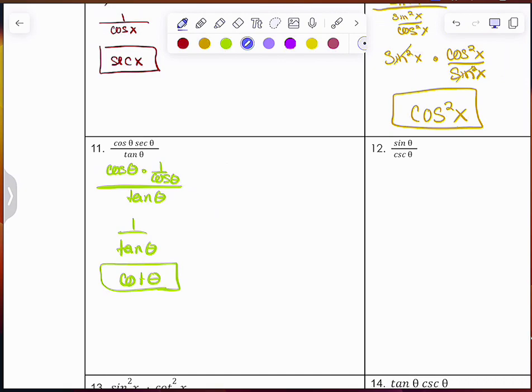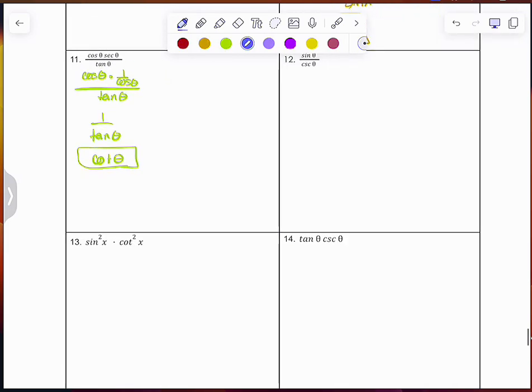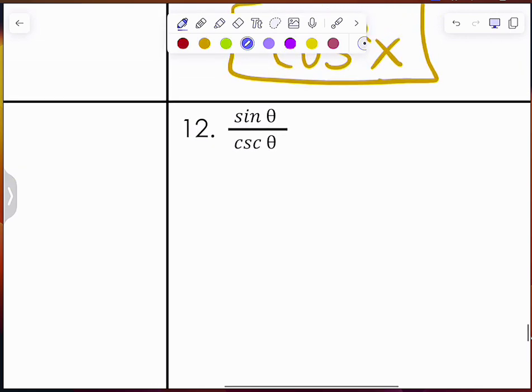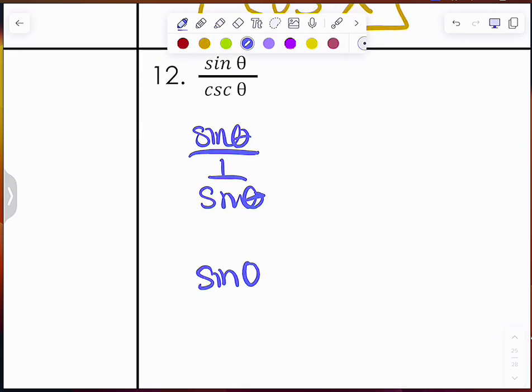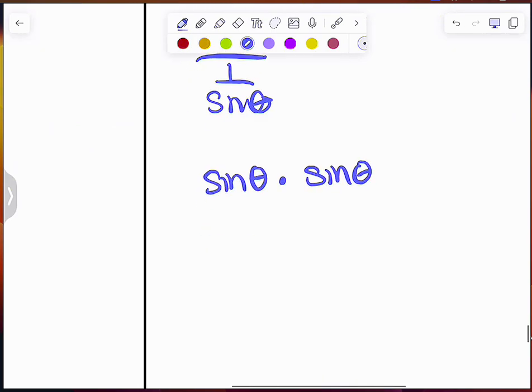When does this bell ring? Today's Tuesday. 4 minutes, okay. 4 minutes to do these last 3 problems. Here we go. Sine over cosecant. So we have sine over 1 over sine, or sine times the reciprocal sine. So this one is sine squared.